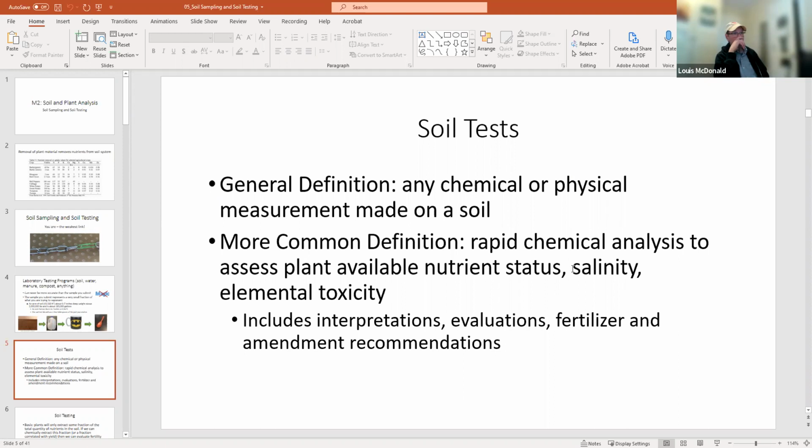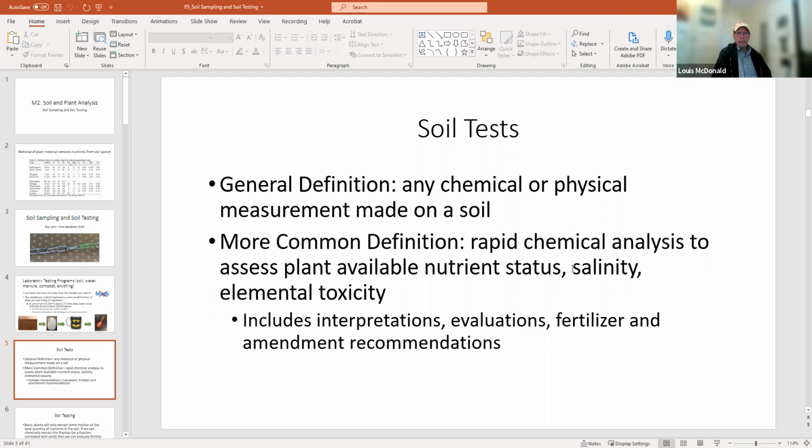Lately, more and more soil test labs have been asked to impart advice on whether there are elemental toxicity concerns. That's a new thing that soil test labs are being asked to do.